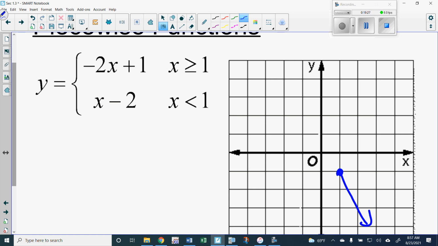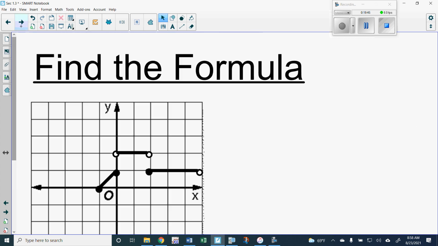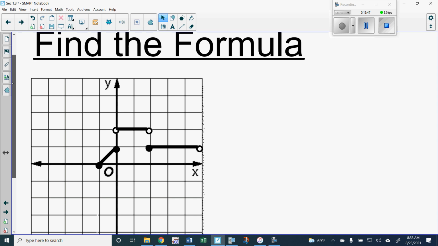All right, let's go the other way. Let's be given a graph and find the piecewise. Now, here's the easiest way to start this. First off, as you look at that, you think, okay, how many pieces is that broken into? 3.